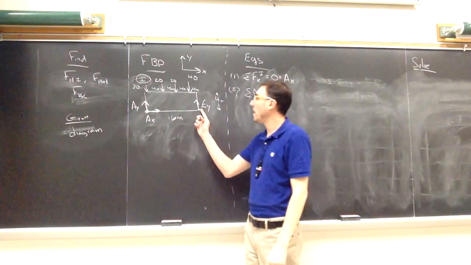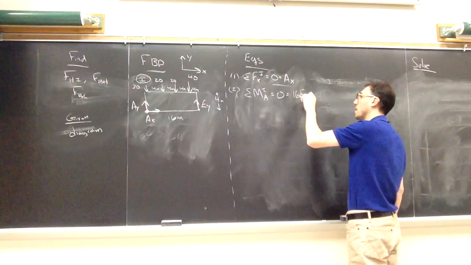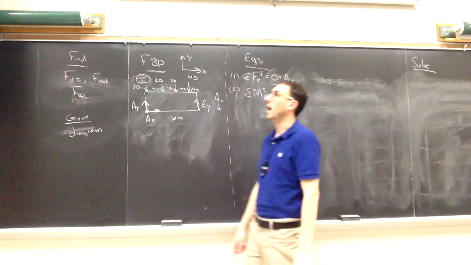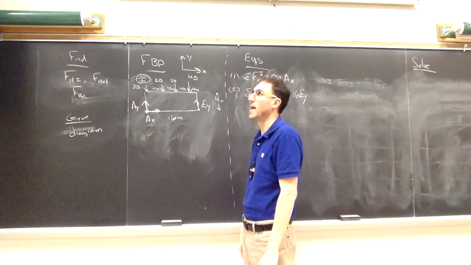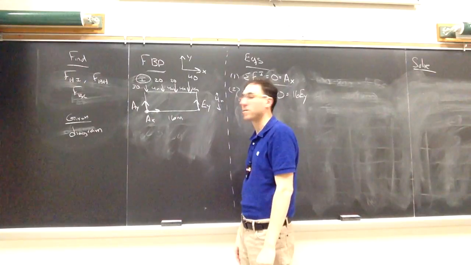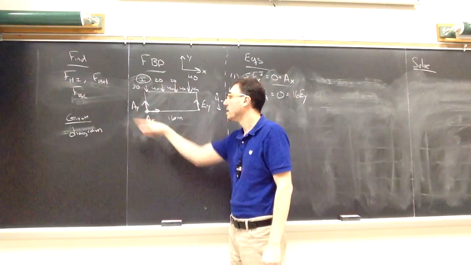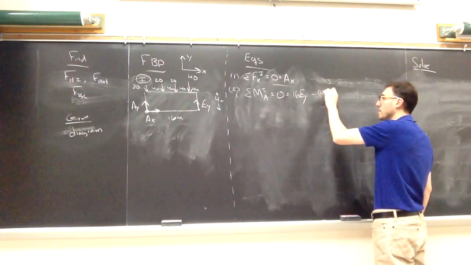So around point A, I'll have 16 times EY. The 30 kilonewtons acts through A, so it will not contribute to the moment around A. The 20 kilonewtons is acting 4 meters from A, and it's going to be clockwise or negative around A, so minus 4 times 20.